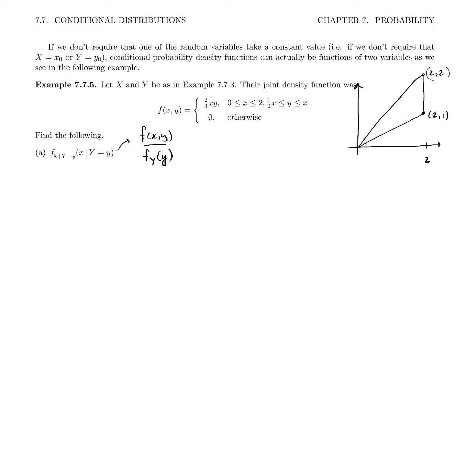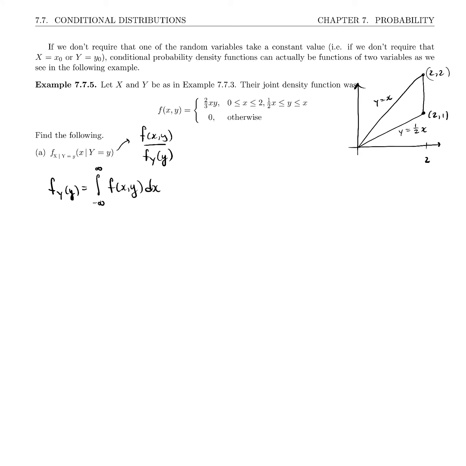So this is the line y = 1/2 x, and this is y = x. Now, we are going to be integrating out the x to find the marginal. So f sub y of y is the integral from minus infinity to infinity of the joint density function dx.